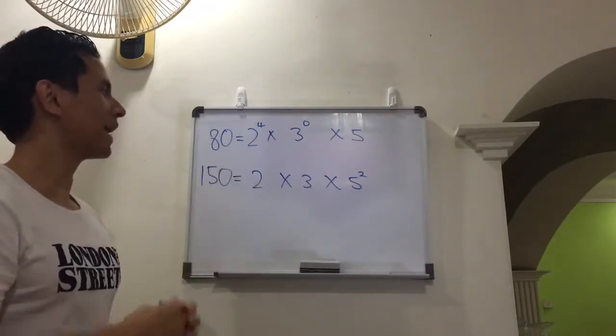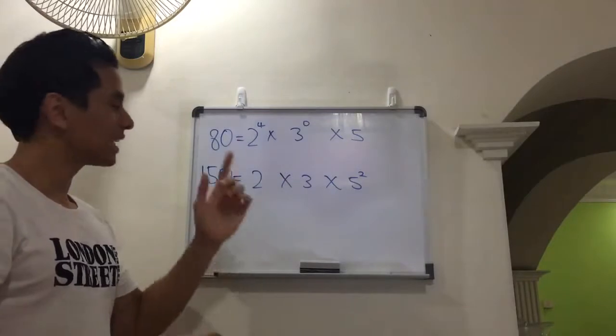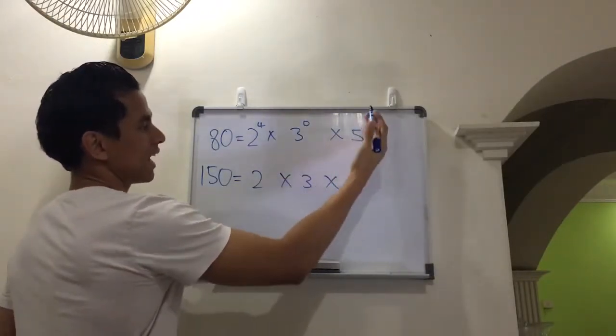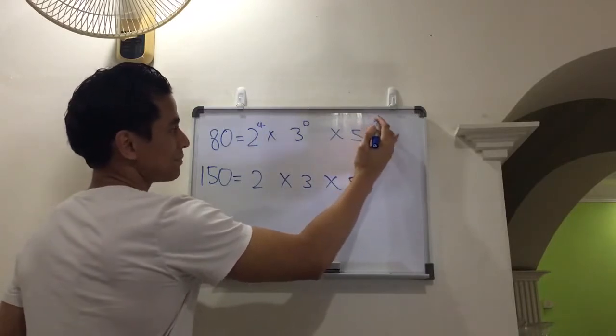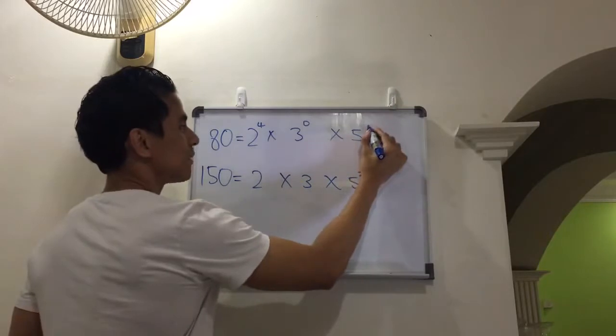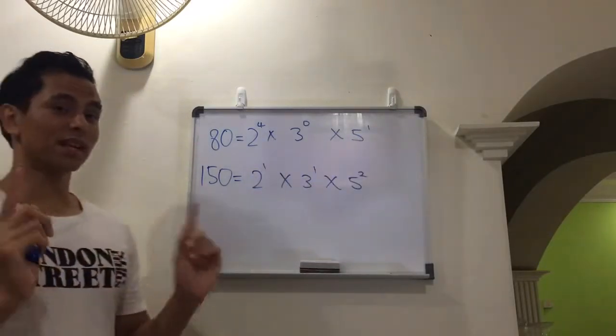So now we can actually compare. Both sides have 2, 3, and 5. Another thing we have to do is, if there's a blank power, we can actually say that it's 5 to the power of 1, 3 to the power of 1, and 2 to the power of 1. So that's another important step.